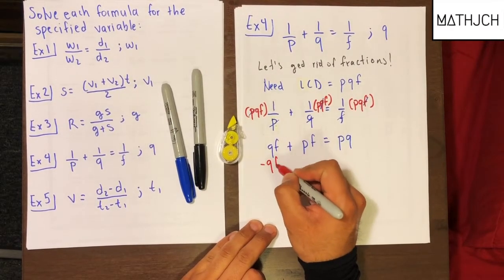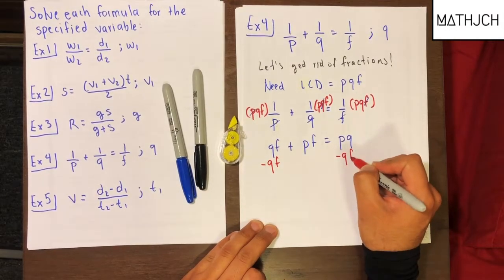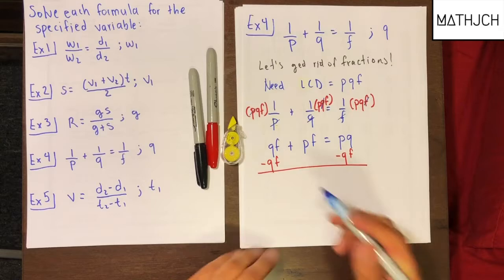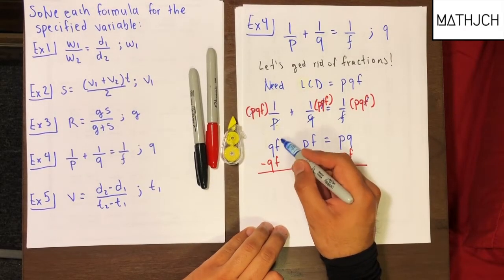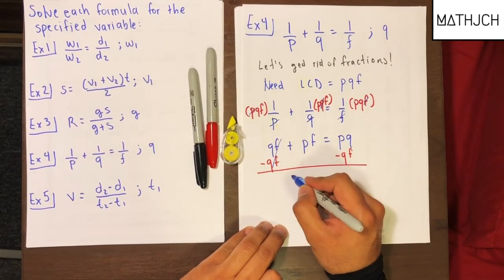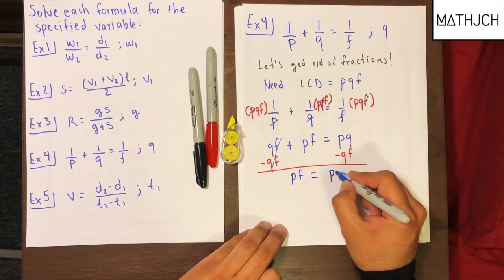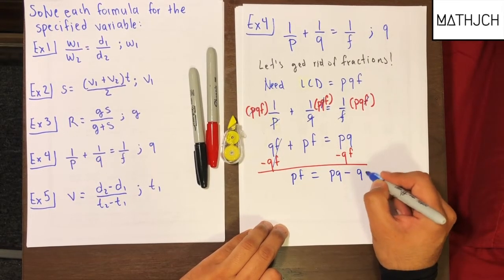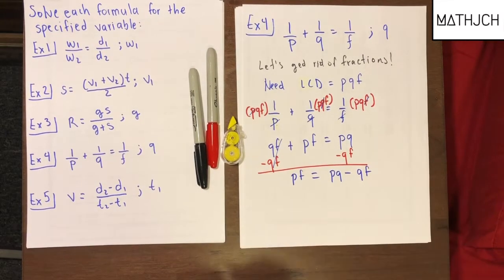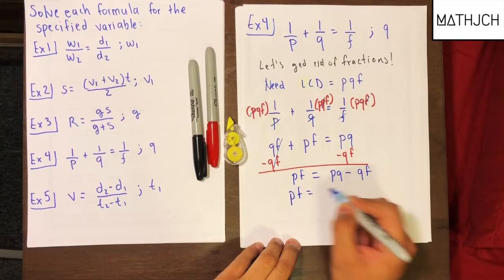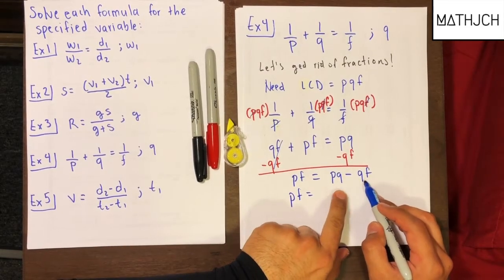So we do negative QF on both sides. So we are left with, on the left side, that cancels. We are left with PF equals PQ minus QF.